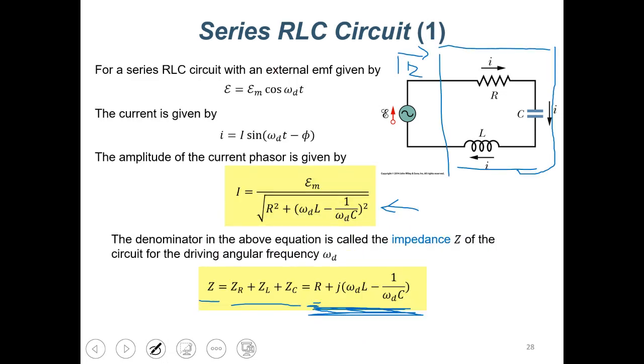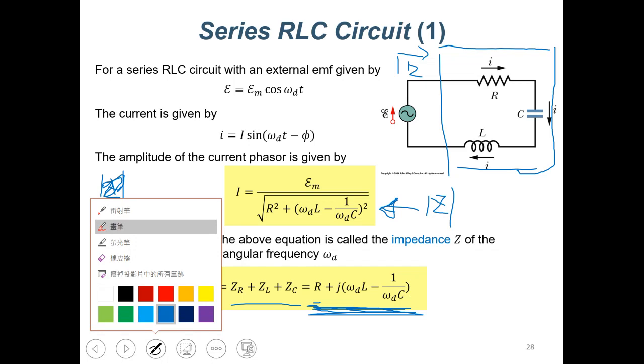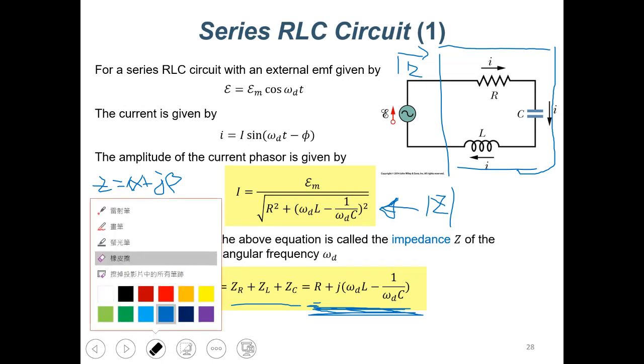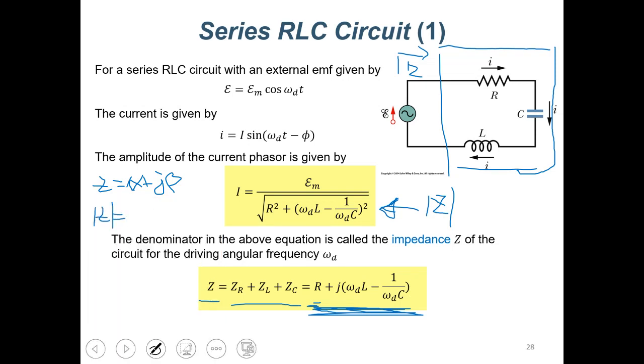So we know that this one, the denominator here, is actually the absolute value of C. For a complex number, if small z equals alpha plus j beta, the absolute value of z is nothing but alpha square plus beta square, take the square root.